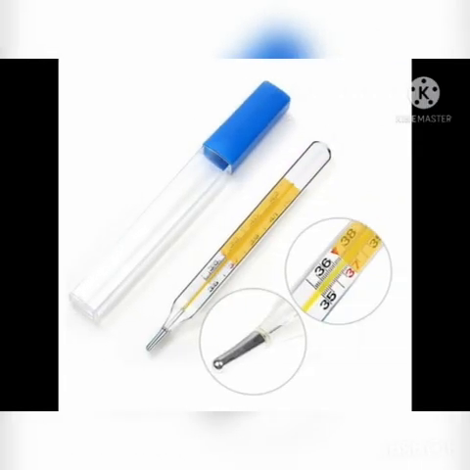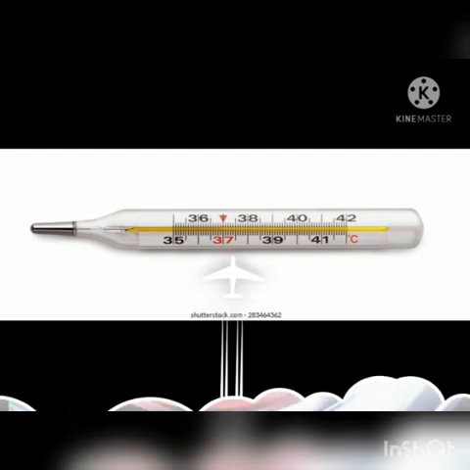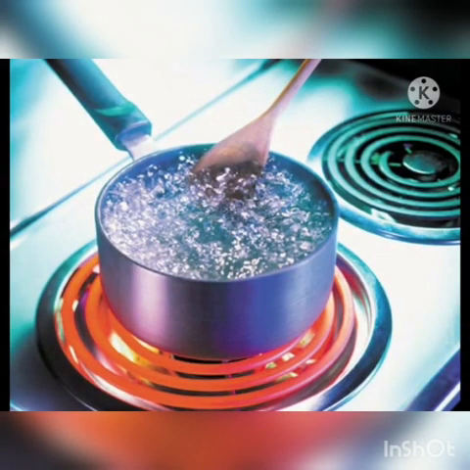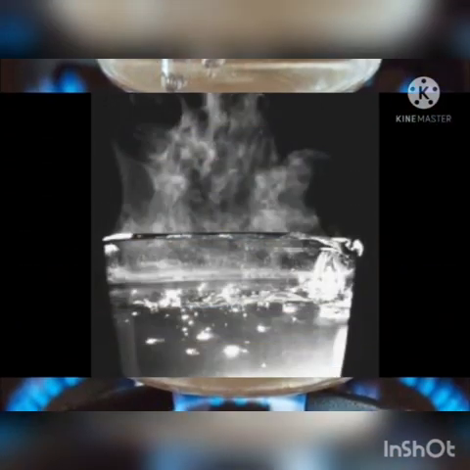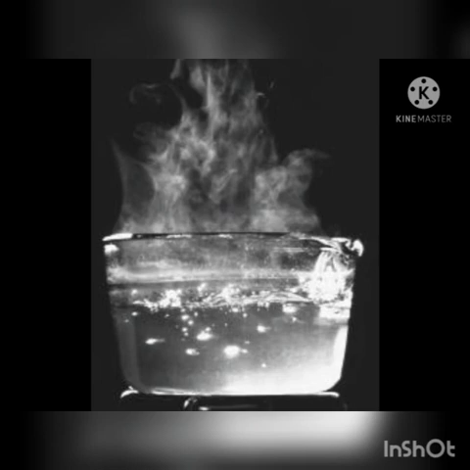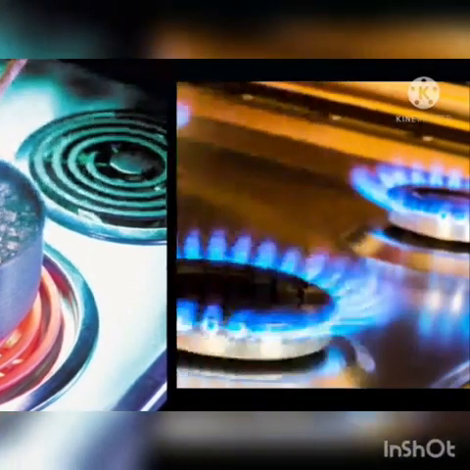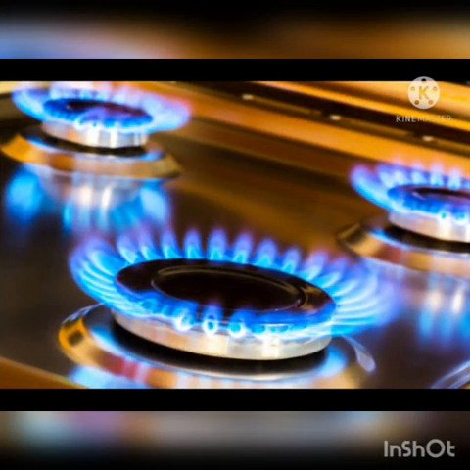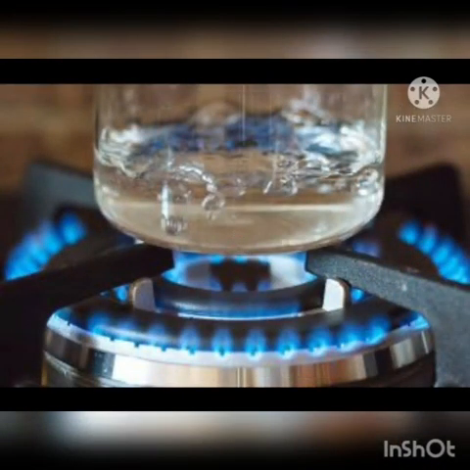And the next one, the most important one, is that mercury has a high boiling point. What is a boiling point? Suppose you are heating water; the point at which the water starts to boil is known as the water's boiling point. Mercury has a high boiling point, so it will not boil easily.